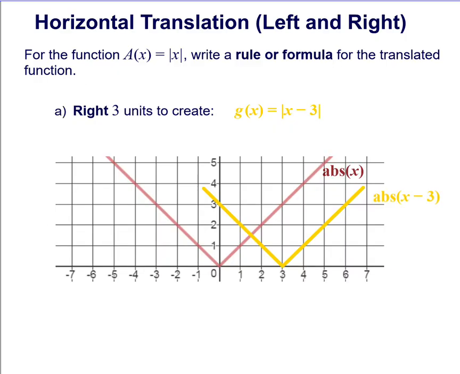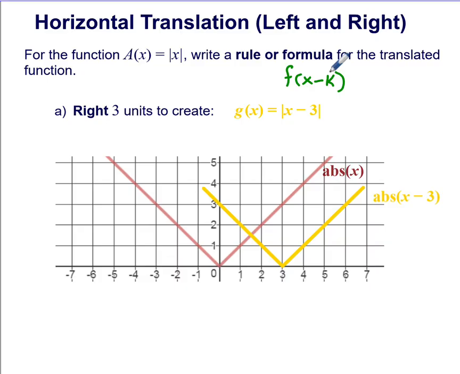And then finally, we're going to create a 4th rule when this original graph is translated 2 units to the right. When the function is translated to the right 3 units, the new rule we create is g of x is equal to the absolute value of x minus 3. Remember that in general, a translated function will be f of x minus k, where k determines how far the graph is translated left or right.